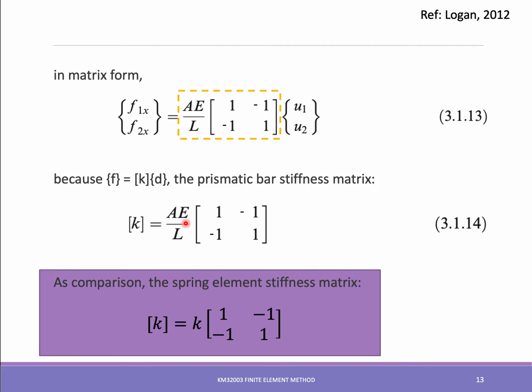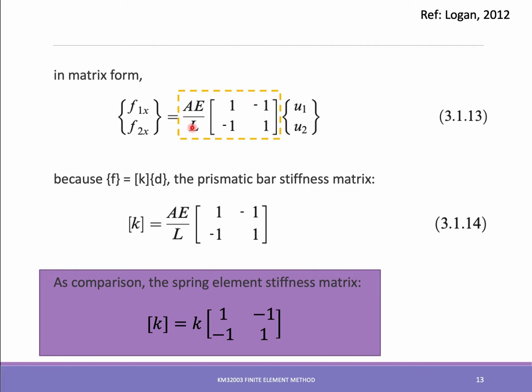So you can see the relationship between the force and the displacement: if we increase the cross-sectional area, or we increase the modulus of elasticity, the force required to produce one unit of displacement will increase proportionally.